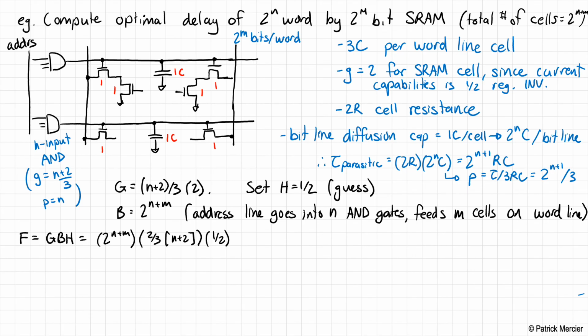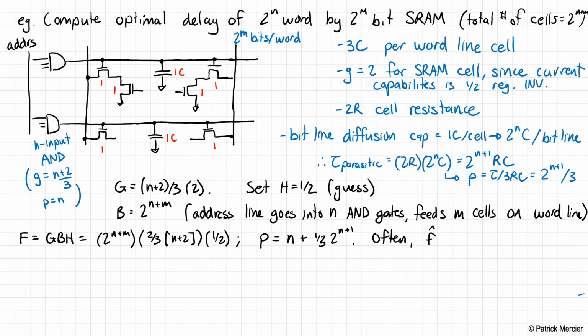Likewise, P is equal to n, that's the parasitic delay of the n-input AND gate, plus 1/3 times 2 to the n plus 1.